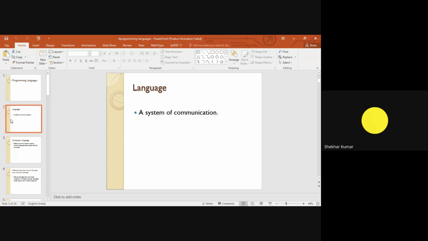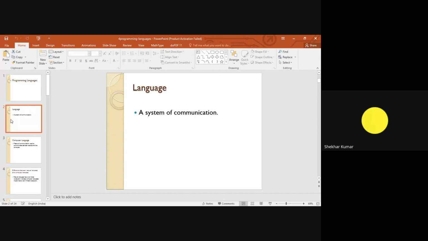If you want to communicate with any other person, then you need a language. If you want to communicate with a machine, there is a requirement of a language, because you understand English-like languages and the machine understands machine languages.